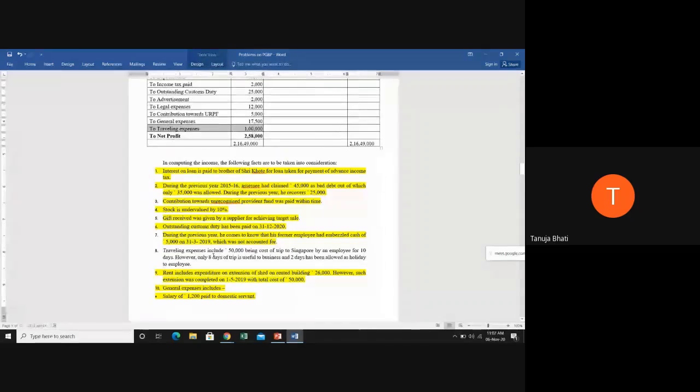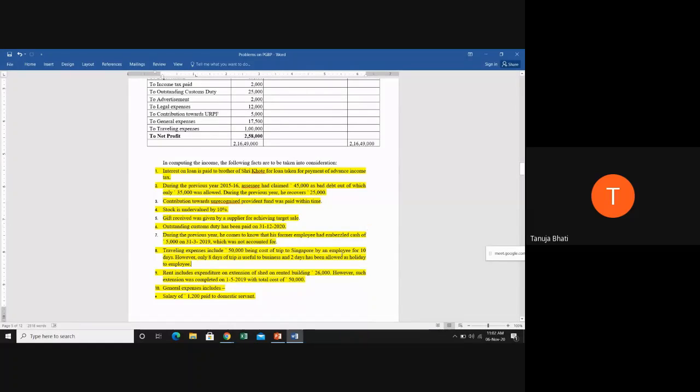Out of 1 lakh, 50,000 was spent on an employee who went to Singapore for 8 days for business purpose, and 2 days was a holiday to the employee. Tell me, is it an allowable or disallowable expenditure? Out of 1 lakh rupees, 50,000 was given to an employee to go to Singapore, useful for business for 8 days, and the remaining allowable.